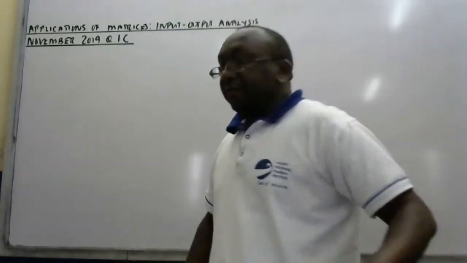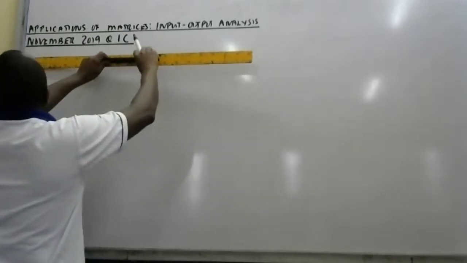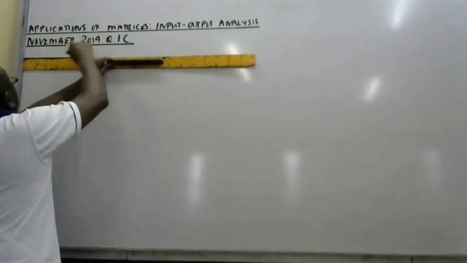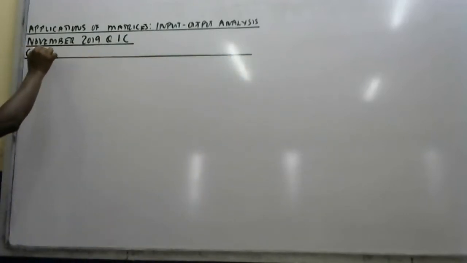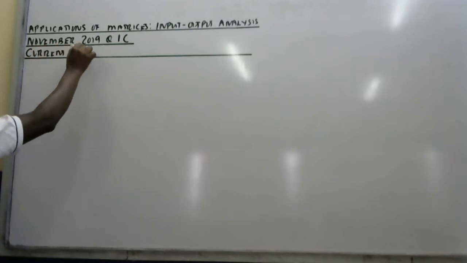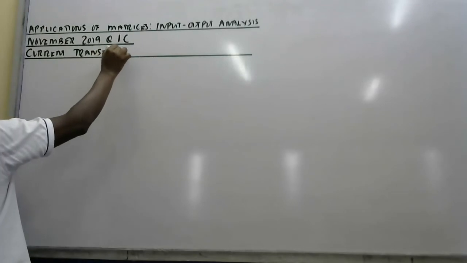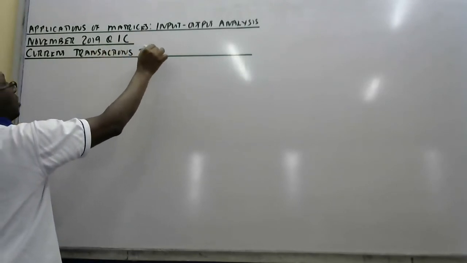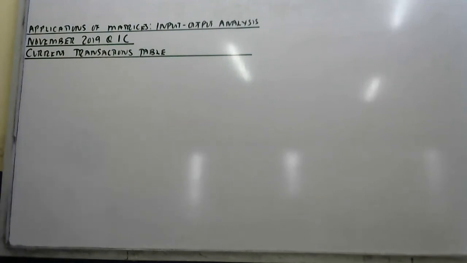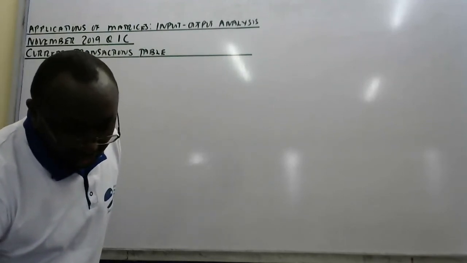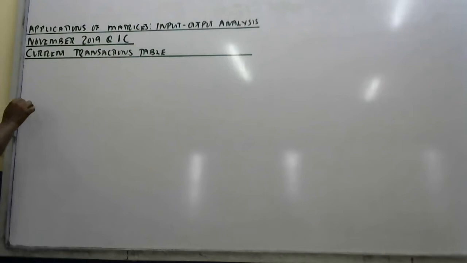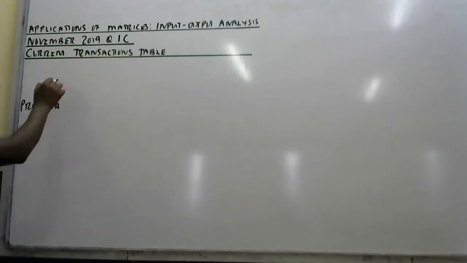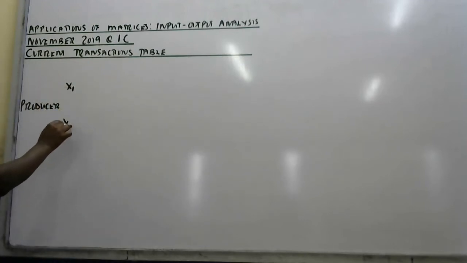Now, the first thing is to get what we call the current transactions table. In the current transactions table, we have the producer, which is X1, and then X2.